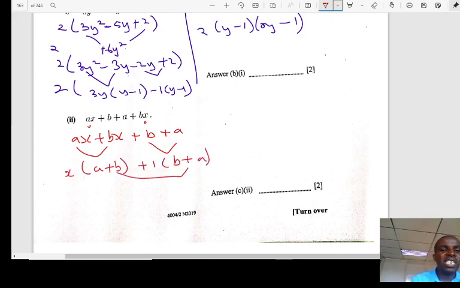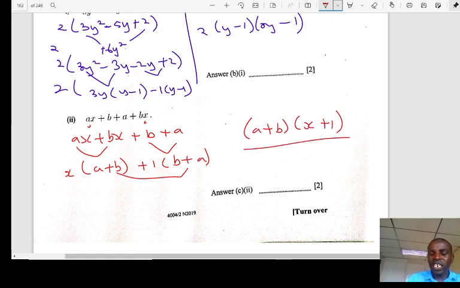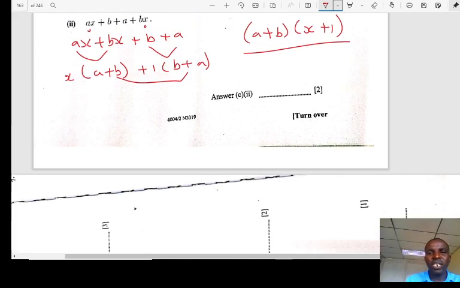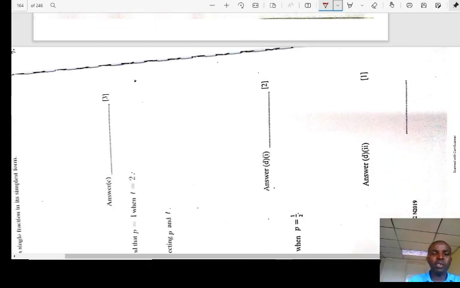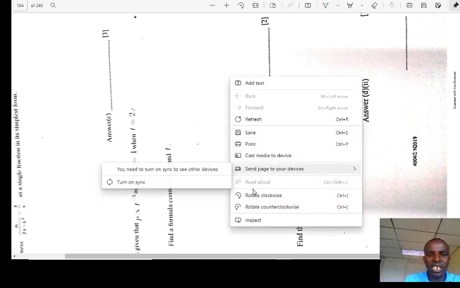A plus b is the same as b plus a. So you write a plus b is still the same when you are adding, then x plus 1. But when subtracting, it's different. 2 minus 1 is 1, but 1 minus 2 is not 1, it's minus 1. So addition is actually the same, but subtraction is different.